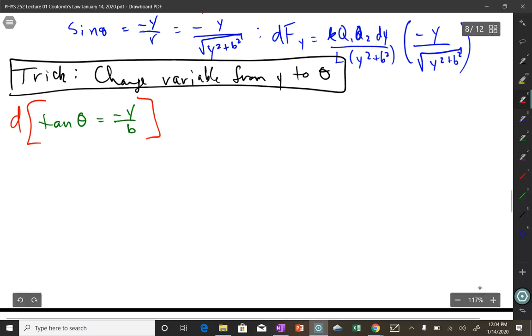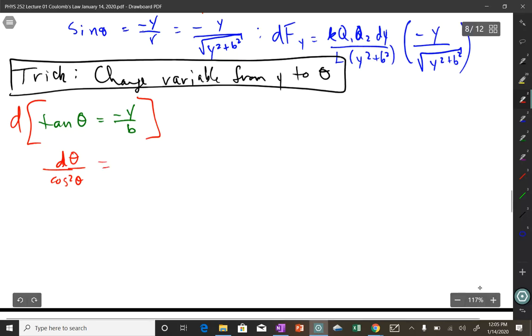Okay, so the derivative of tangent theta is 1 over cosine squared theta, and then we have to use the chain rule, a d theta on top. Right, because I just said d, I didn't say d theta. If I'd said d theta, it would have been 1 over cosine squared theta. But since I said just d, it's got d theta over cosine squared.